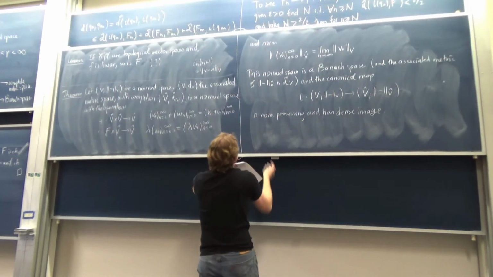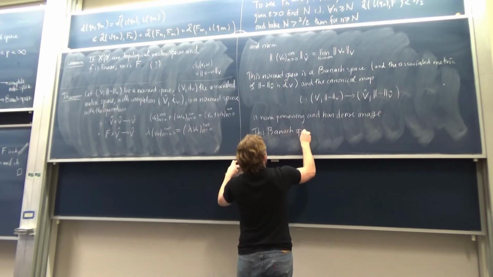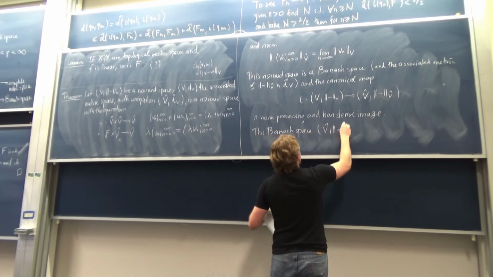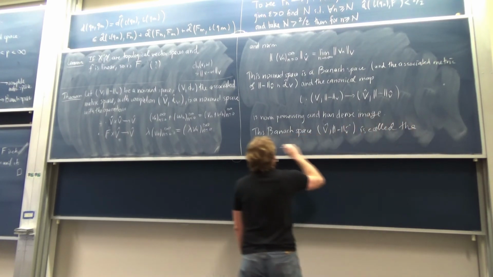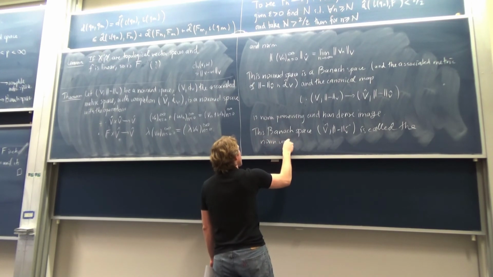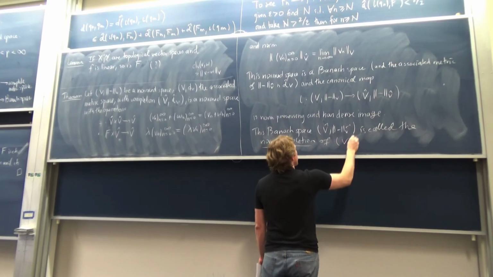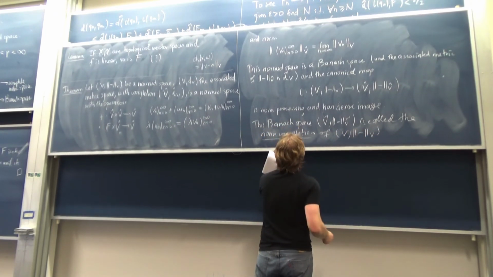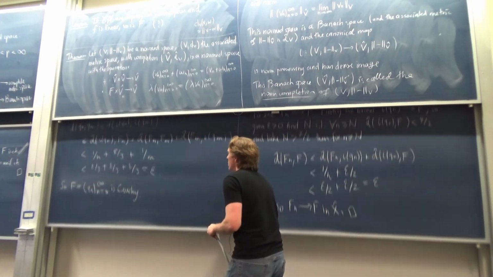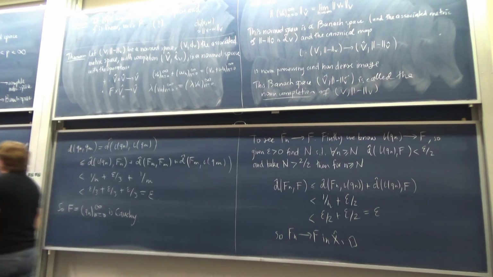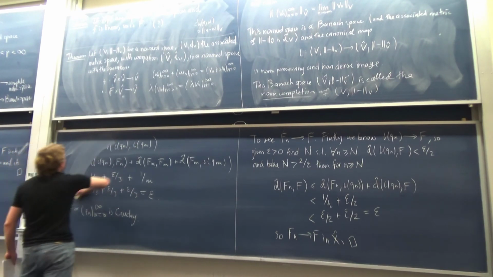So this Banach space, V hat, is called the norm completion of V. All right, so what is there to check and which parts are obvious, which parts are not?